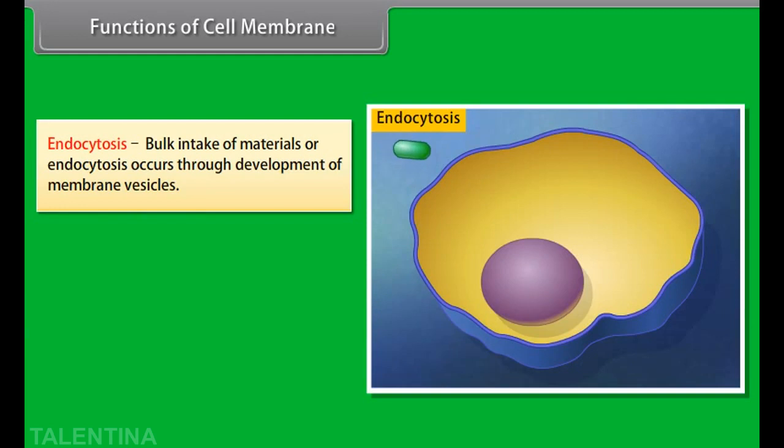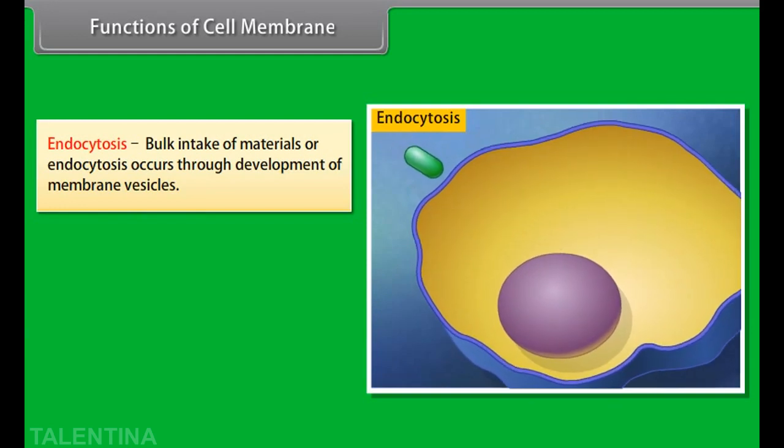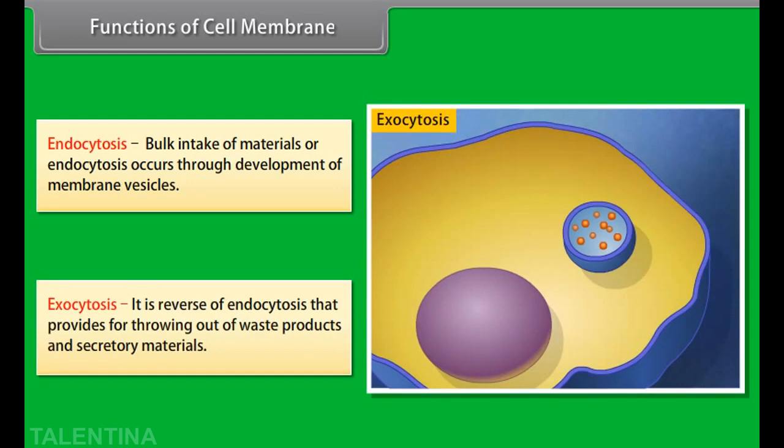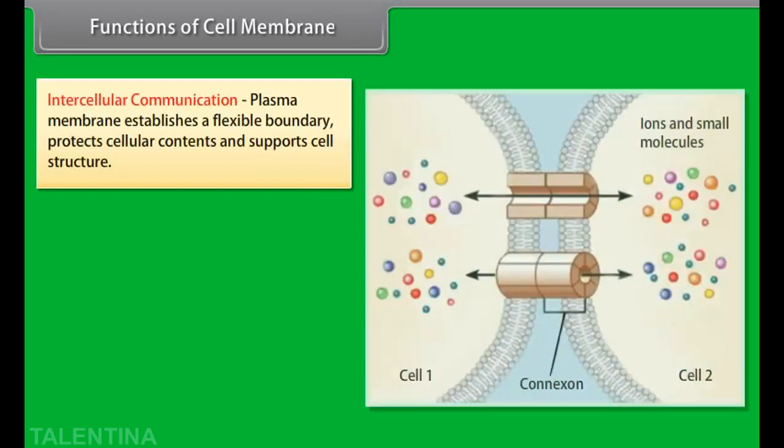Endocytosis. Bulk intake of materials, or endocytosis, occurs through development of membrane vesicles. Exocytosis. It is the reverse of endocytosis that provides for throwing out of waste products and secretory materials. Intercellular communication.